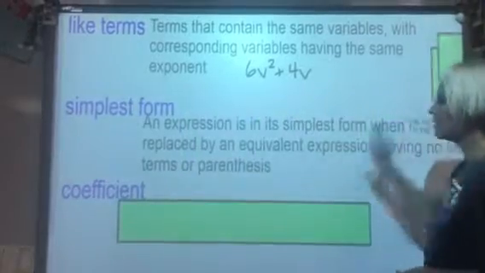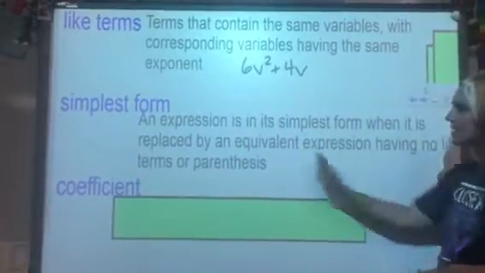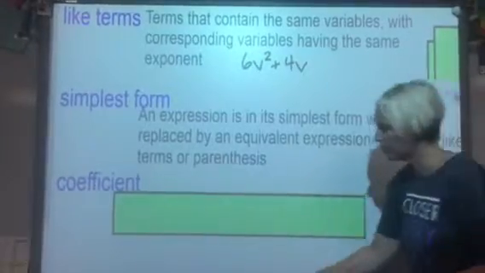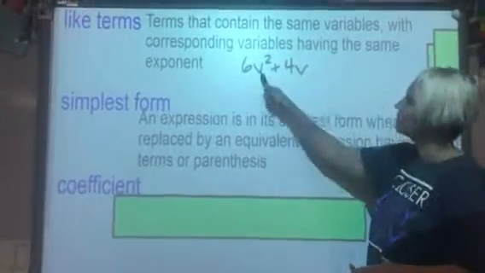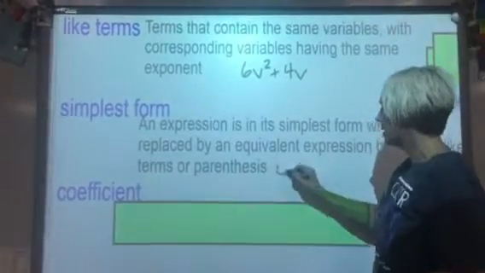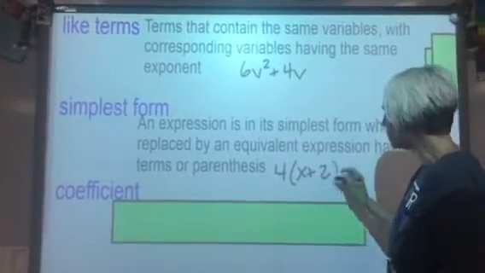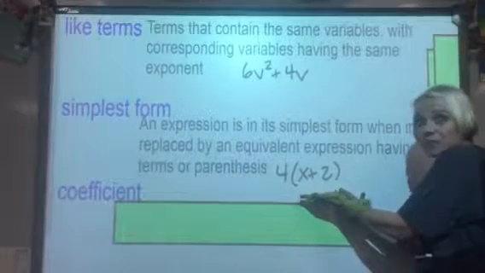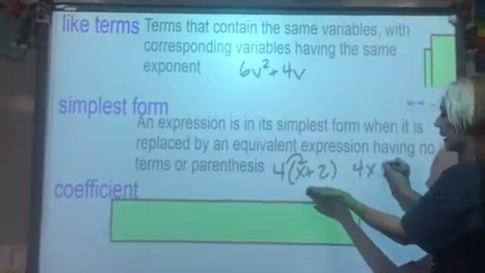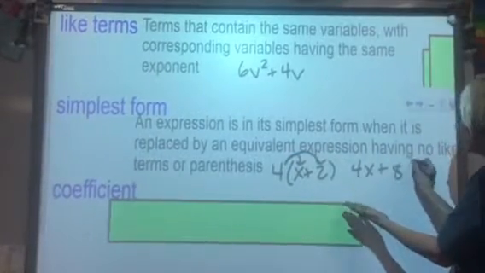An expression is in simplest form when it is replaced by an equivalent expression having no like terms or parentheses. So this is in simplest form because there are no like terms, no parentheses involved. This right here has parentheses. This is not simplified. I would have to use distributive property and get 4x plus 4 times 2, which is 8.